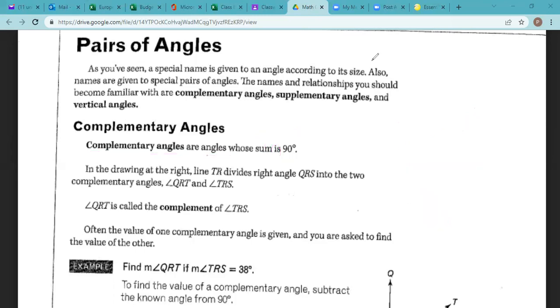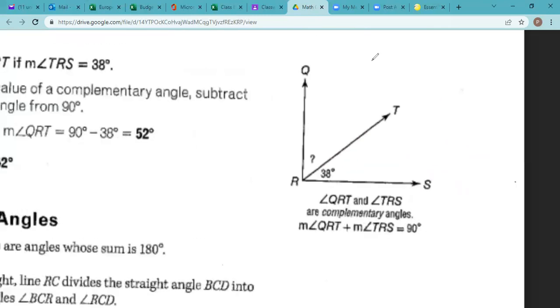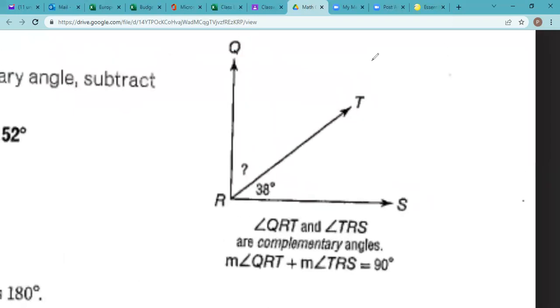Let's look at another example. We've got this example over here, and we have a 90-degree right angle. We have angle TRS, or I could say angle SRT, and this angle right here is 38 degrees.